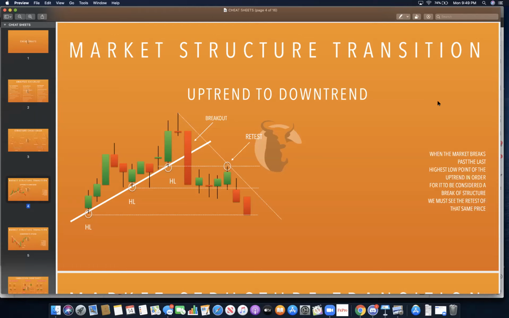Yeah, I understood the important part of it. What I want you to focus on is that we're building a system of confluence. We're looking for multiple reasons to confirm what we're looking at.